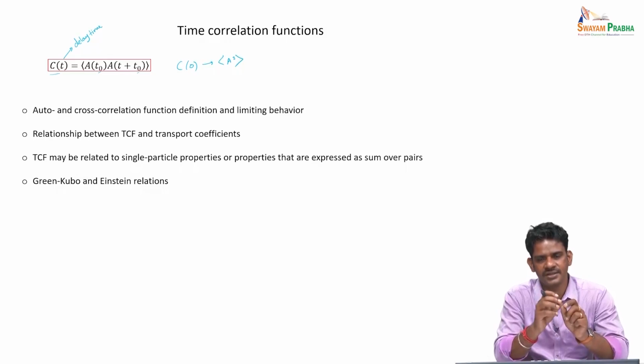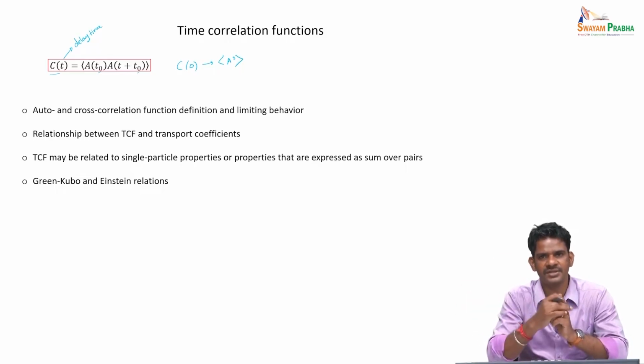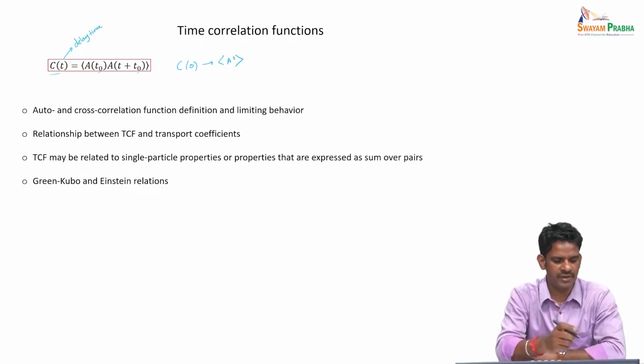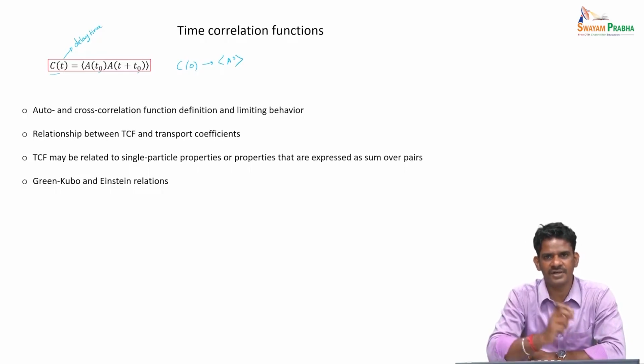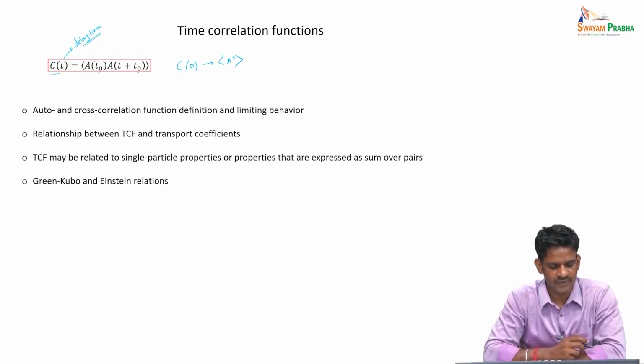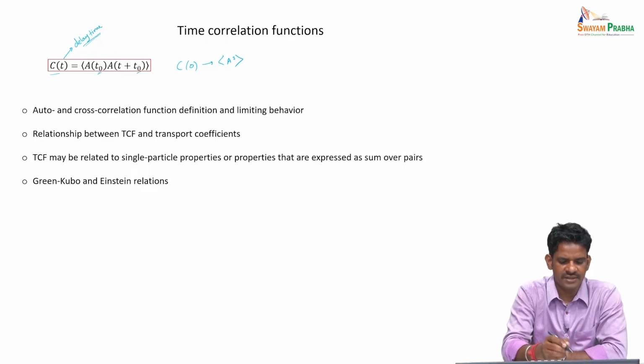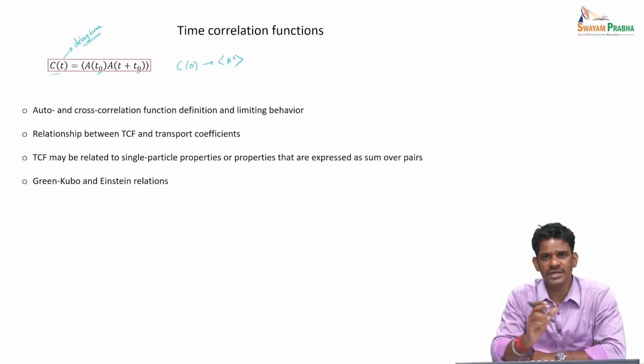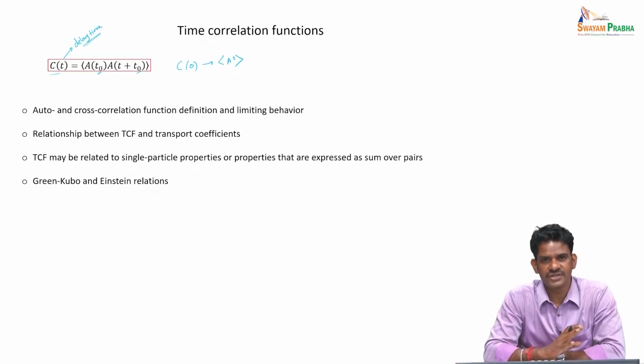Whereas if you correlate the same variable at time t and another time t plus t naught, then we are talking about correlation after a particular time t. So this t here we will use as a delay time, and this t naught here basically means this comparison can be done over many initial conditions. We have already noted that this time correlation function has relevance to transport property definitions.